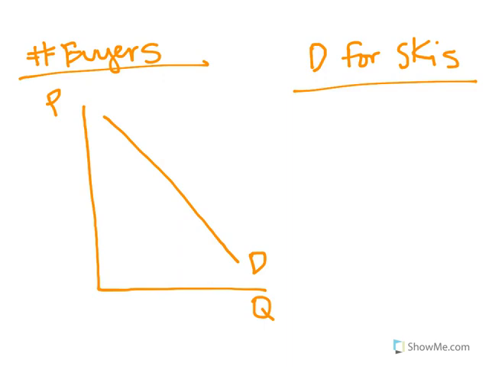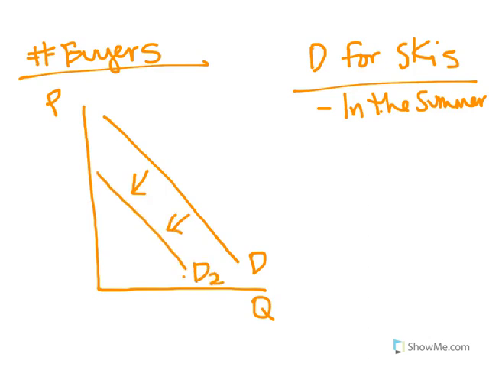And we want to know, well, what happens to the demand for skis in the summer? Well, why would it be different any other time of year? Well, you know that in the summertime, there's no snow in our local mountains to go skiing. Therefore, the number of people that are going to go skiing is going to fall, which is the same thing as saying the number of buyers in the market is going to decline. So because the number of buyers is going to decline, we would say that the demand for skis in the summertime would decrease.